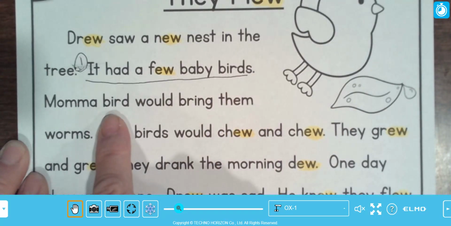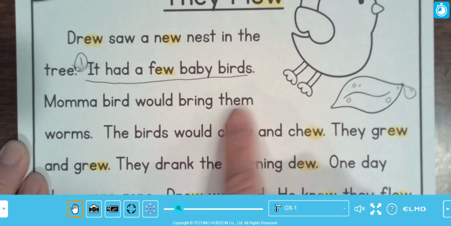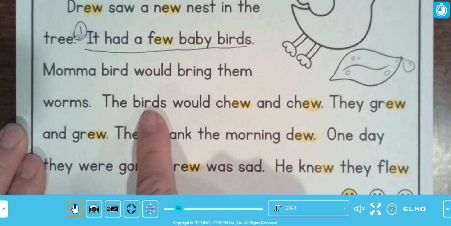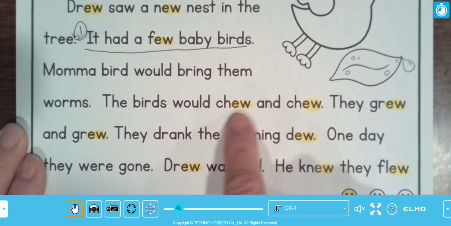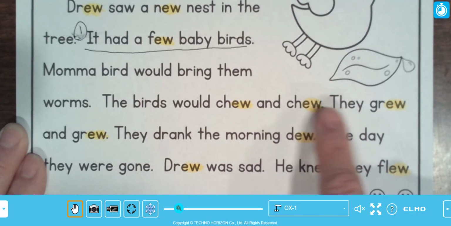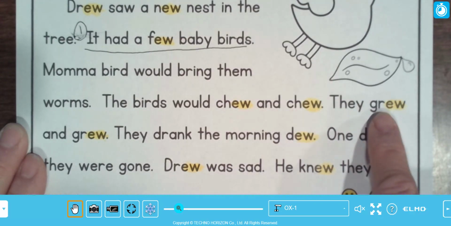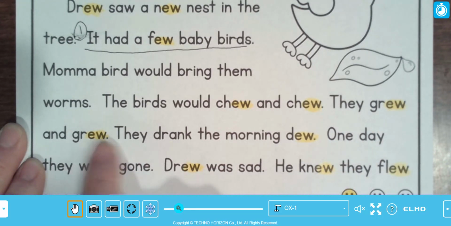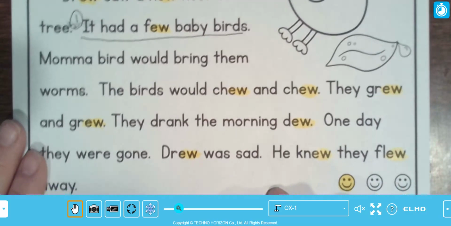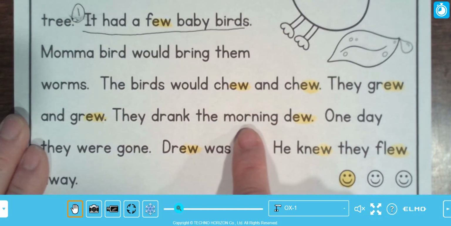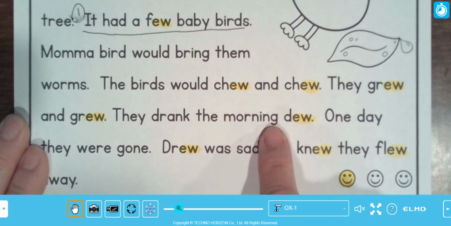Mama bird would bring them worms. The birds would chew and chew. They grew and grew. They drank the morning dew.